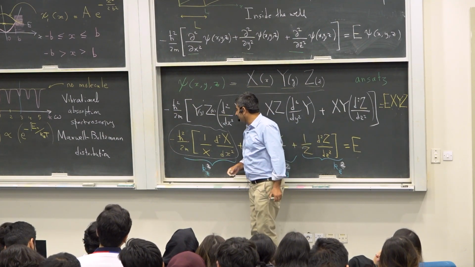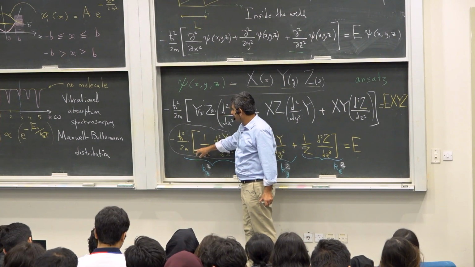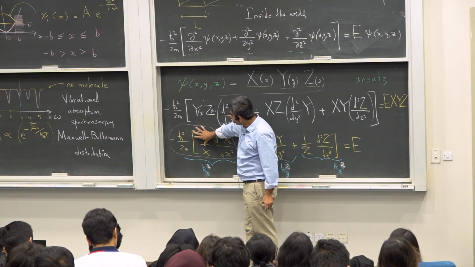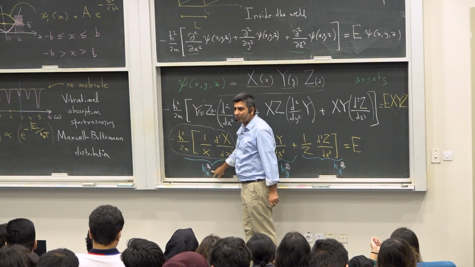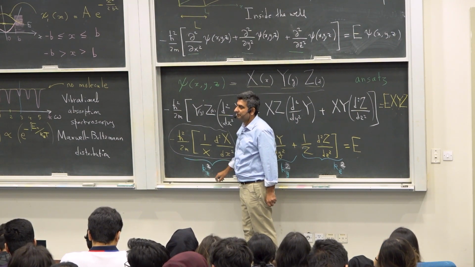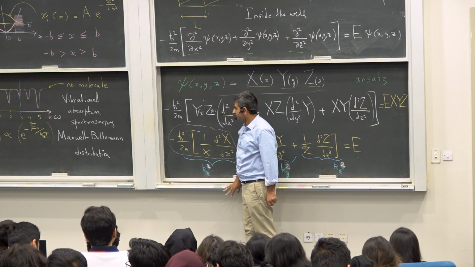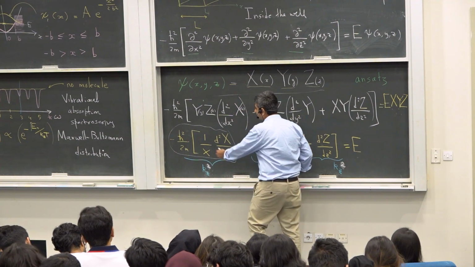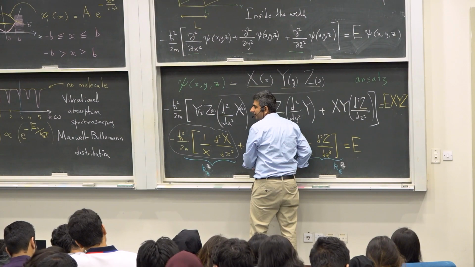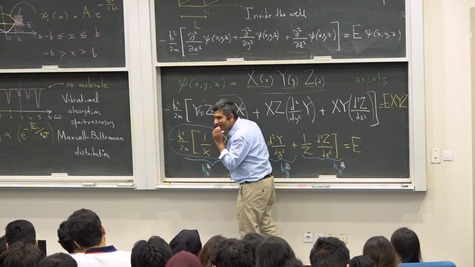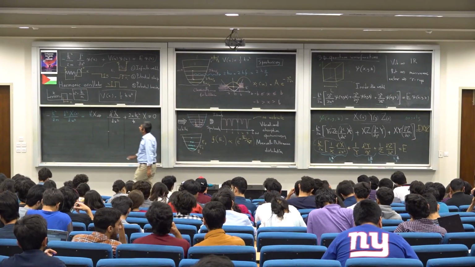Because I can recognize that 2m over h bar square times this energy has dimensions of wave number squared. So it's the same for ky square, this is included in ky square as well. Okay? Some things are taken for granted. So now this is kx squared.